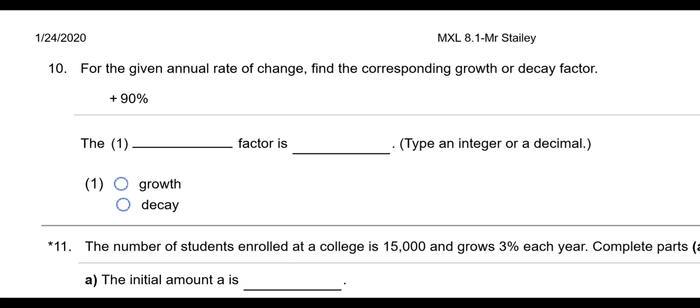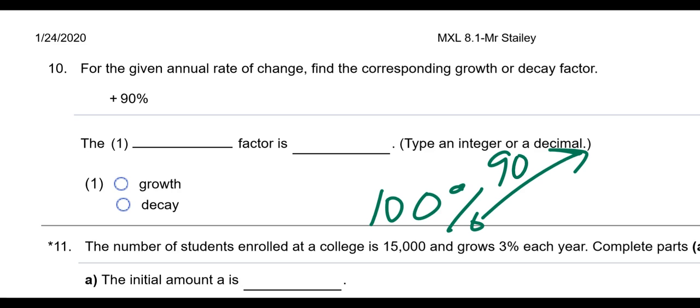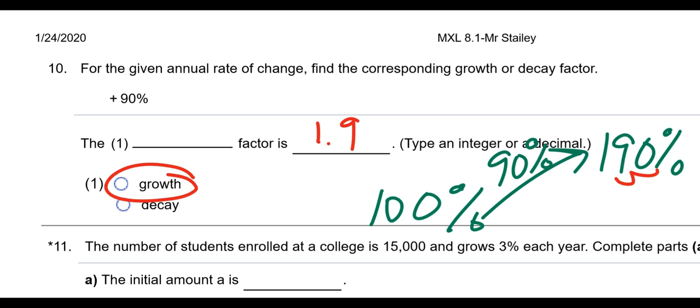Growth and 1.9. We start with 100%. We're going up 90%. That's 190%. And if we move that decimal over 2 places, we get a growth factor of 1.9. And since it's larger than 1, it is definitely growth, not decay.